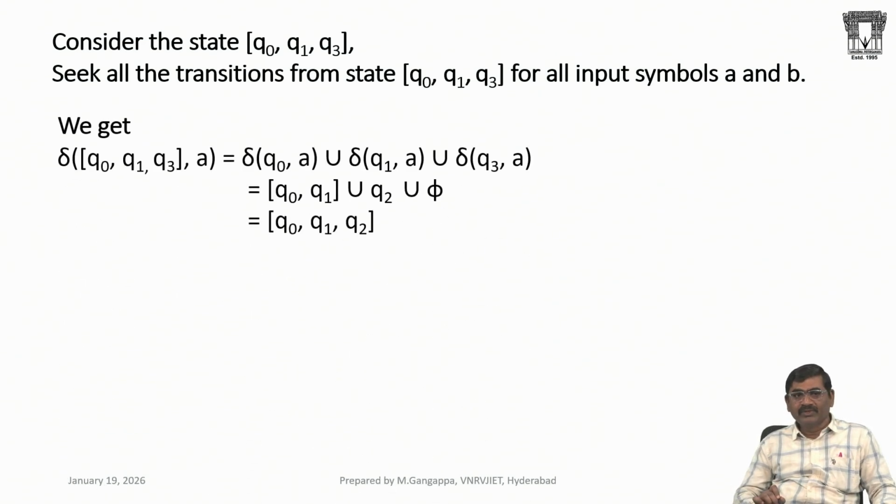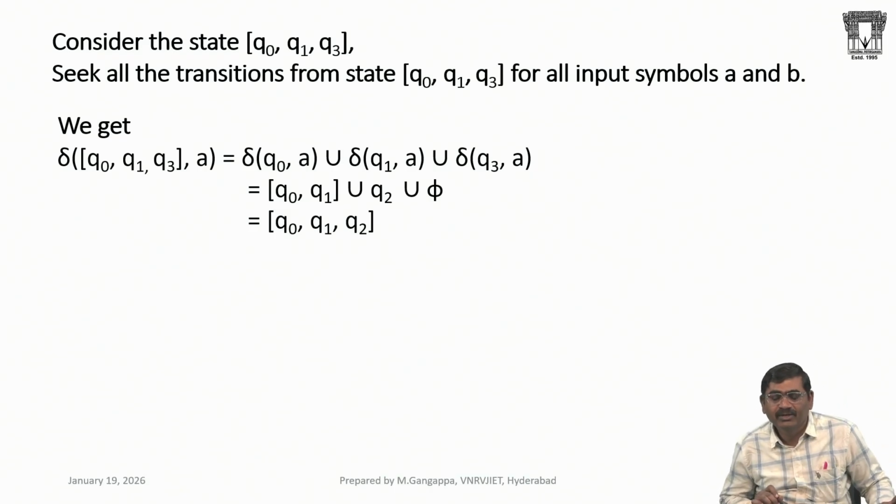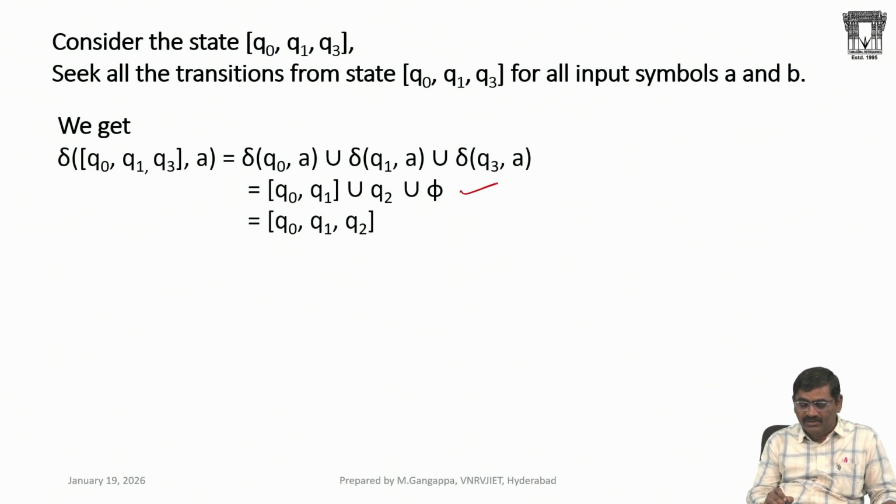Q0, Q1, Q3 with input A can be expanded as transition of Q0 A union transition of Q1 A union delta of Q3 A. So delta of Q0 A is taken from the diagram as Q0, Q1, union transition of Q1 with A from the NFA diagram we get Q2. Transition of Q3 with A is pi. There is no transition, right? So by combining all of them we get one state, that is Q0, Q1, Q2.